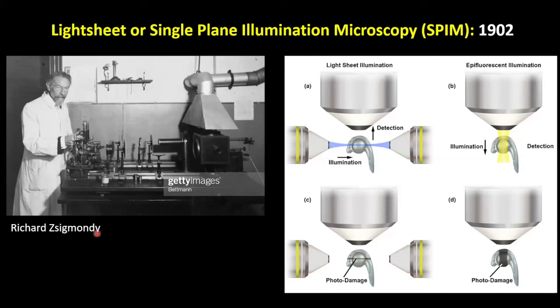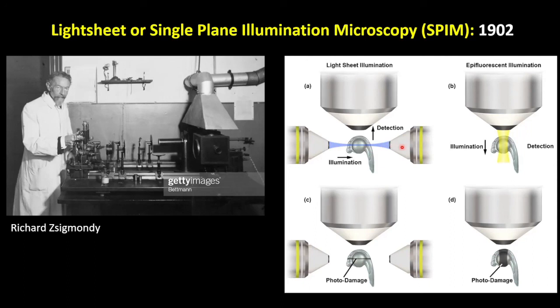Back then he invented a technology called ultramicroscopy, using a sheet of light going through as a light source, and he could achieve much higher resolution. Later this developed into the so-called light sheet. So instead of a confocal using a pinhole, the light sheet uses a sheet of light as an optical section going through this tissue.